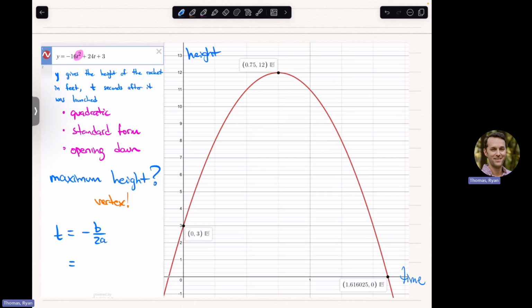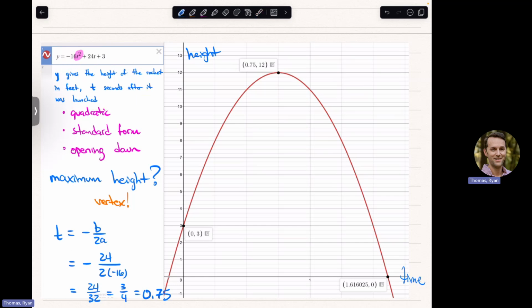So t is the opposite of b, 24, over 2 times a, negative 16. Okay, I've got a negative over a negative, so those cancel. 24 over 32 reduces to 3 over 4, or 0.75.